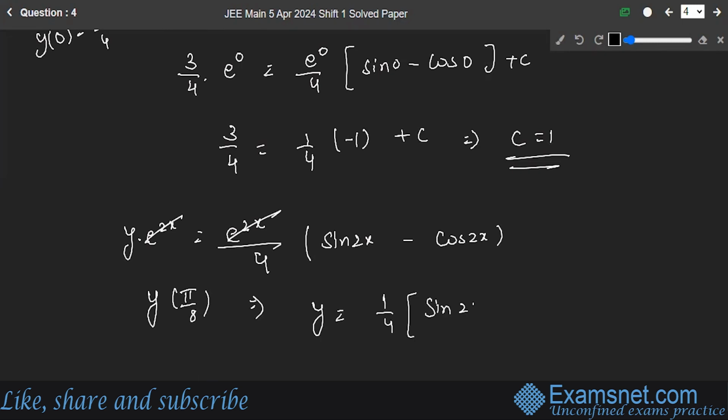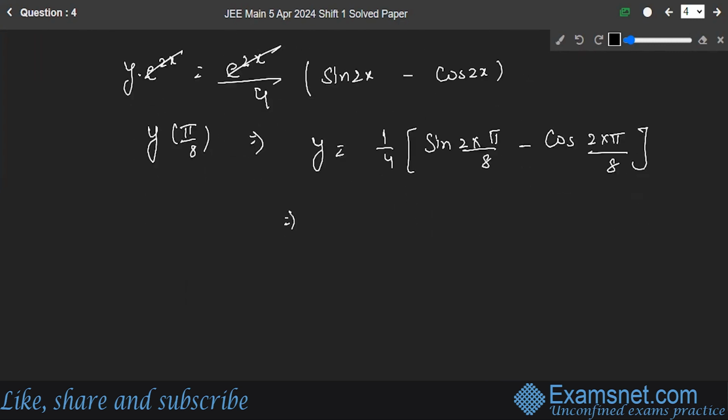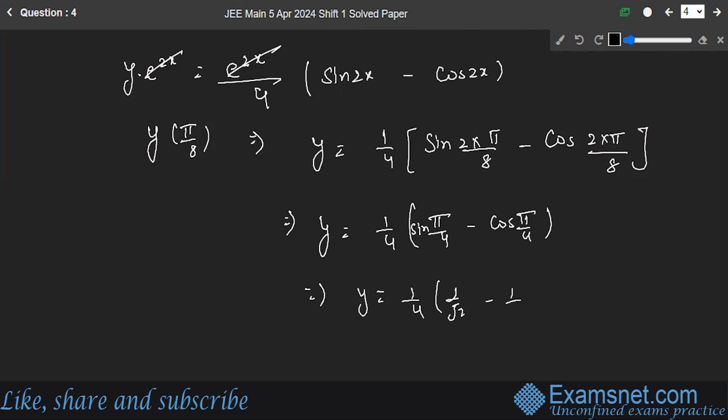So this is sin 2 into π/8, cos 2 into π/8. So y is equal to 1/4 into sin π/4 minus cos π/4, and this is equal to 1/√2 minus 1/√2. So the answer is 0.